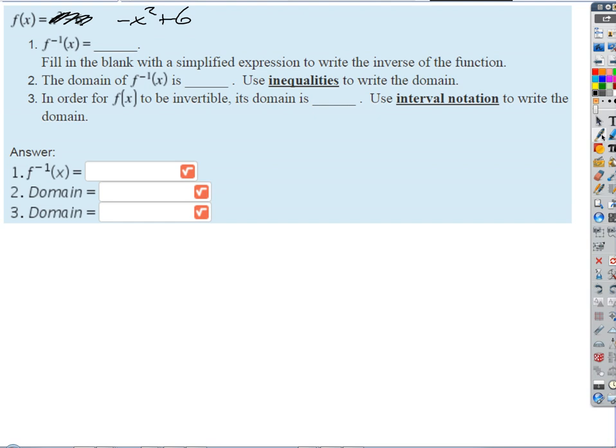Okay, let's have a look. Okay, Caitlin, what are the two things that are being done to the parent function x squared? If I want to sketch this graph, instead of f of x equals x squared, we've done two things to change it.